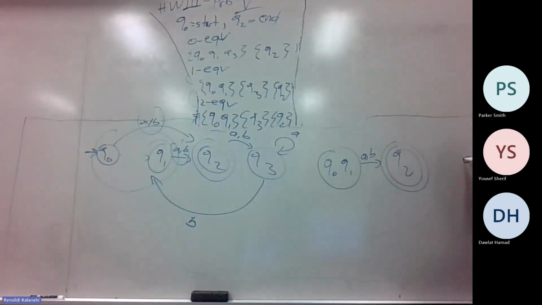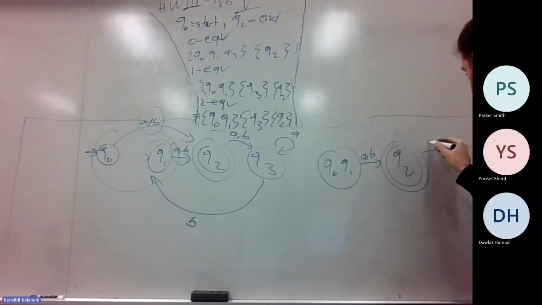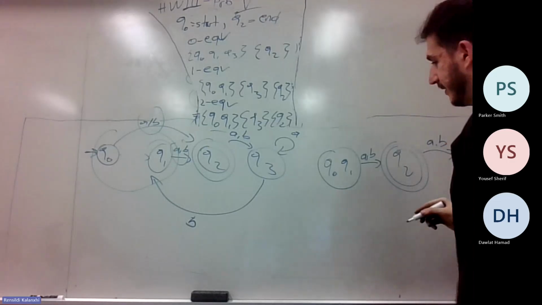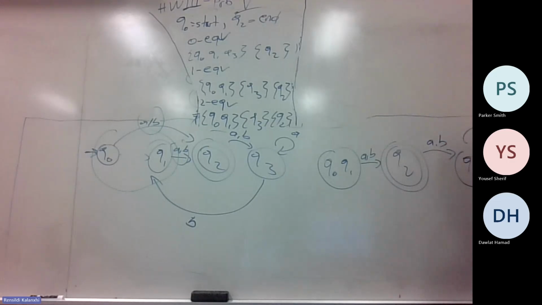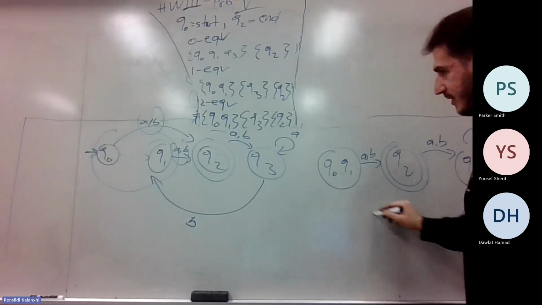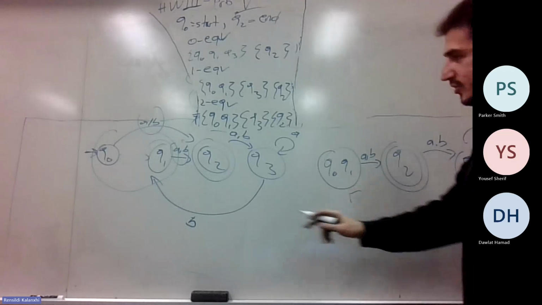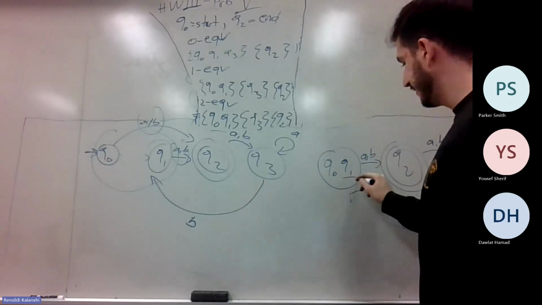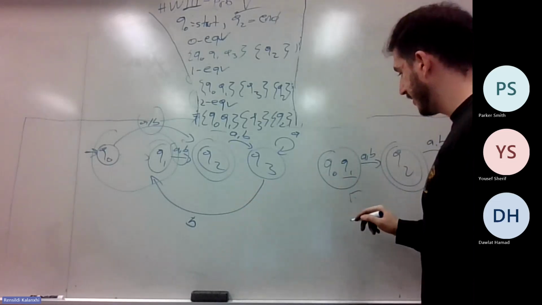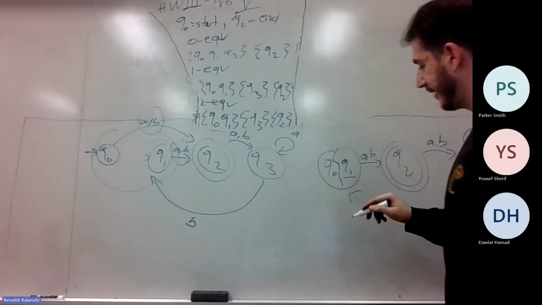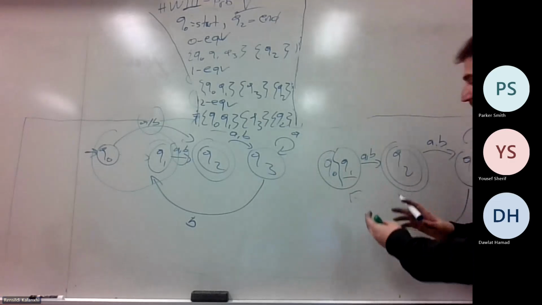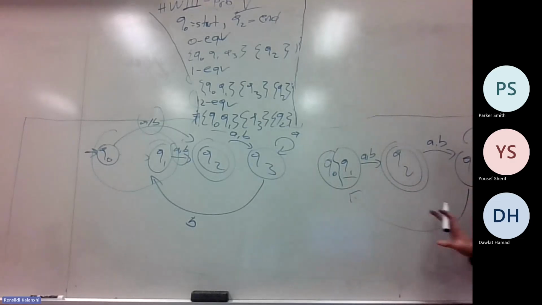And then we have Q3 pointing A and B to Q3, a self loop. Why Q3 is pointing to Q0 and Q1 is because they're merged, right? They become the same. They don't separate where Q3 should be pointing the B transition at.